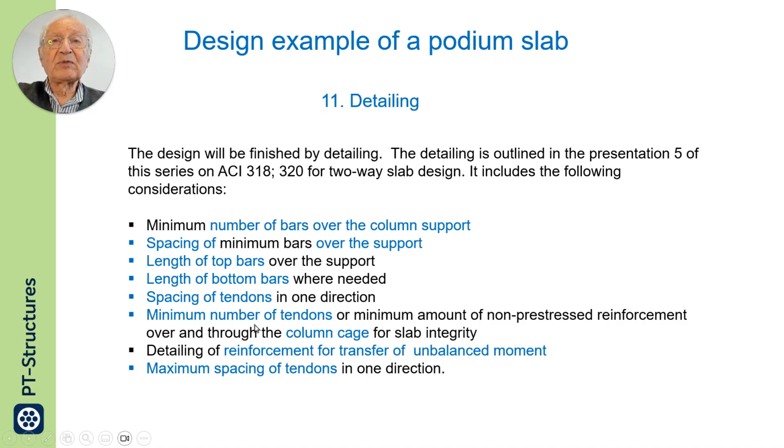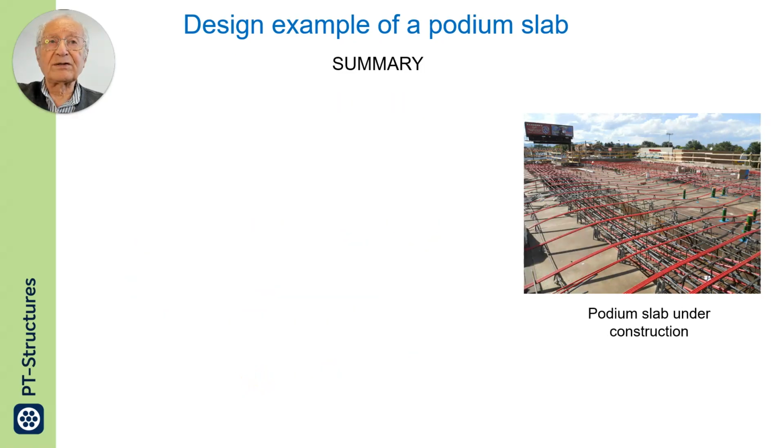Then the minimum number of tendons or minimum amount of non-pre-stressed reinforcement is also given in the same presentation. Then you have to detail the reinforcement for transfer of unbalanced moments, which I described in the last slide, but the detailing of it again is given in presentation 5, and the maximum spacing of tendons in one direction is also a consideration.